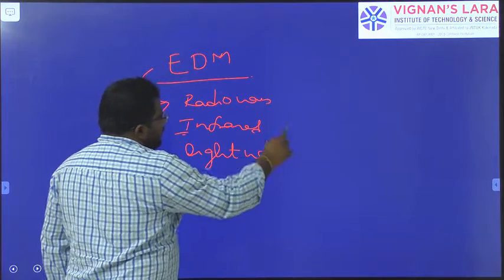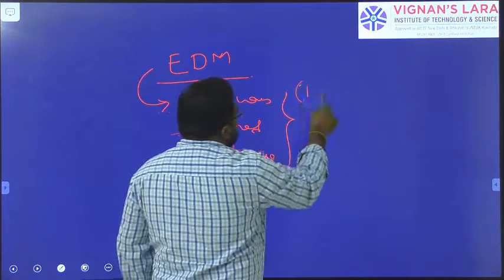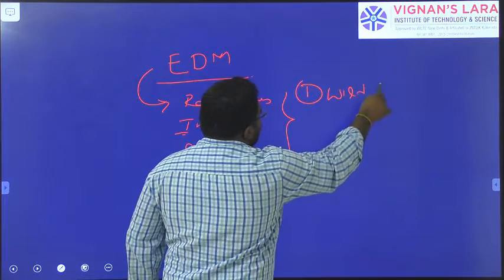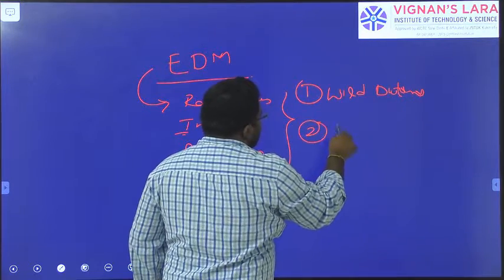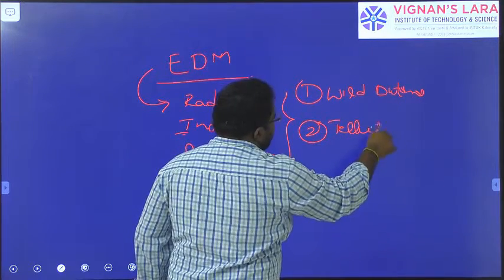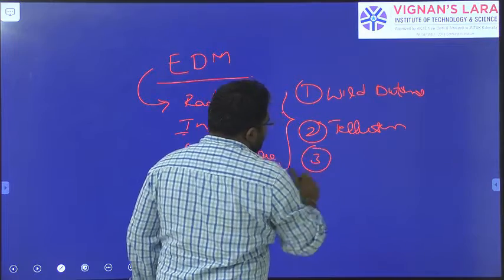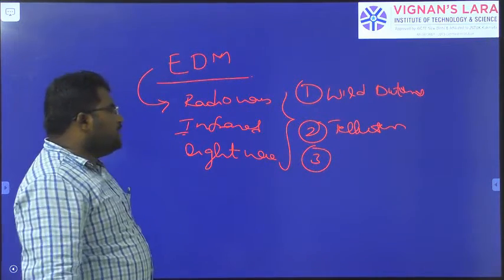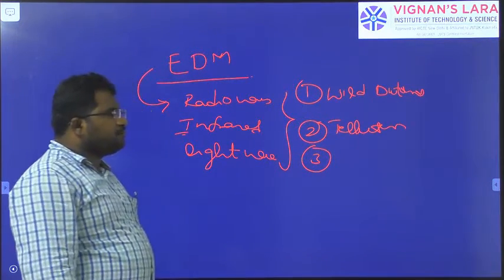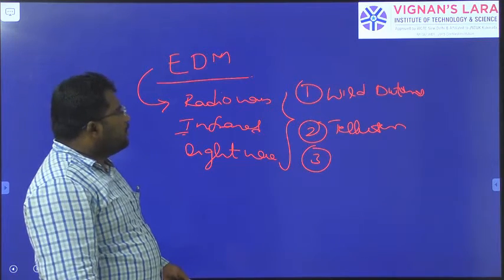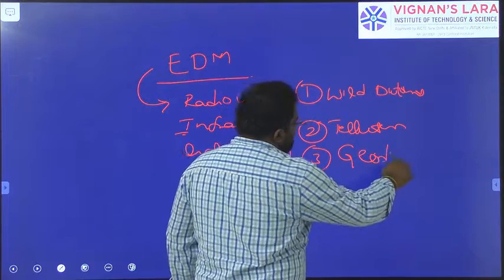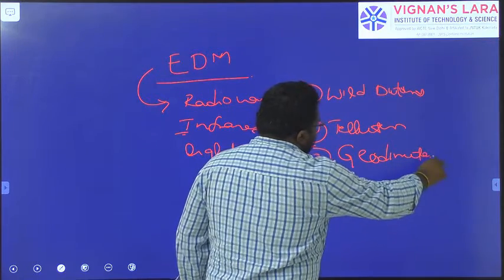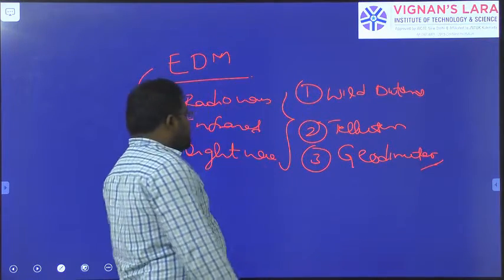By using these we have three types of instruments: the Wild Distomat, second the tellurometer, and third the geodimeter.